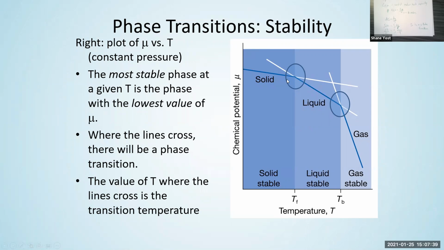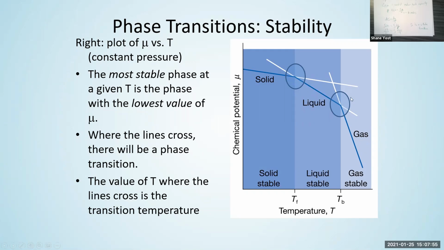But as you increase the temperature, you're lowering the chemical potential of your different substances, and as you go from solid to liquid to gas, an increase in temperature has a greater impact on the chemical potential.